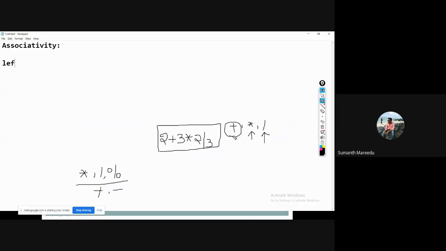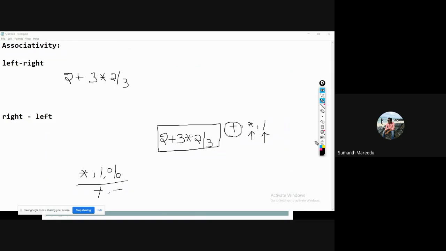Associativity is of two types actually: left to right and right to left. So what is left to right and what is right to left? Suppose look at this expression. I will consider the same expression, 2 + 3 * 2 / 3.